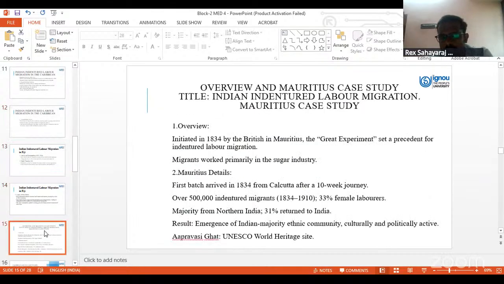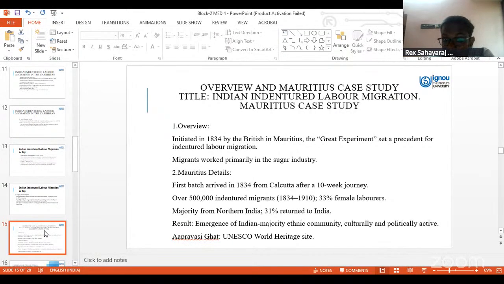Another thing you see is Indian indentured labor in the Mauritius case study, where in 1834 the British started a great experiment. Migrants worked primarily in the sugar industry.